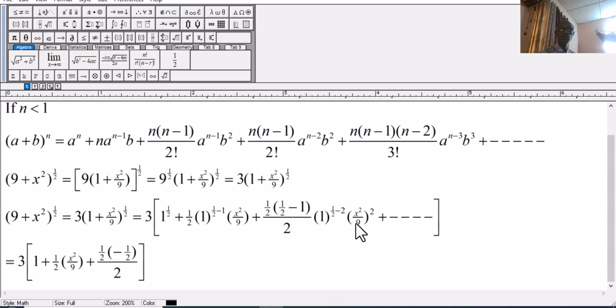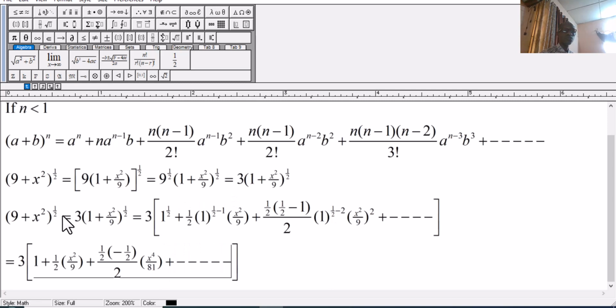So you now have, open up this bracket, that will give us x raised to the power of 4 all over 81. Bracket close.